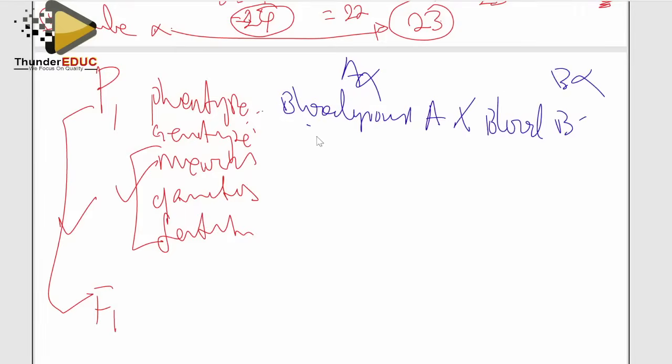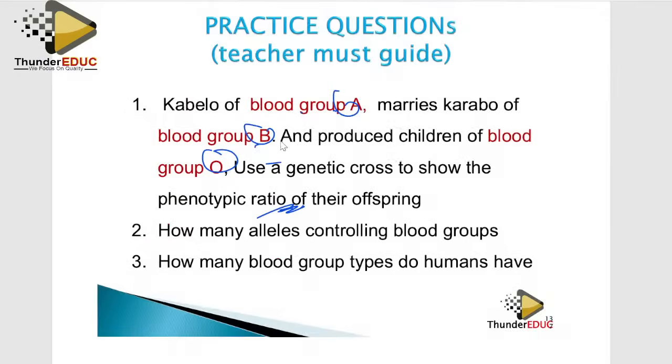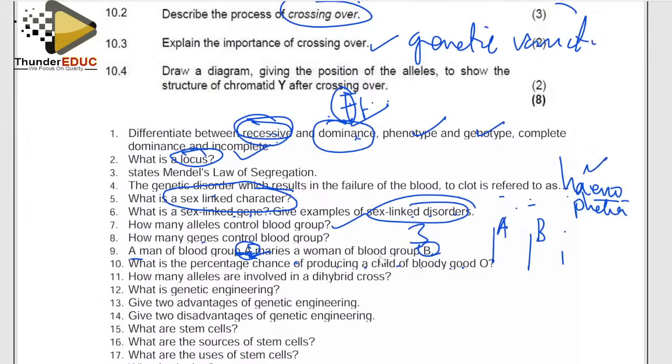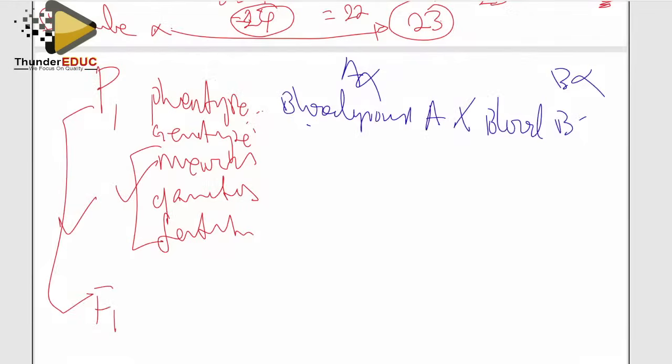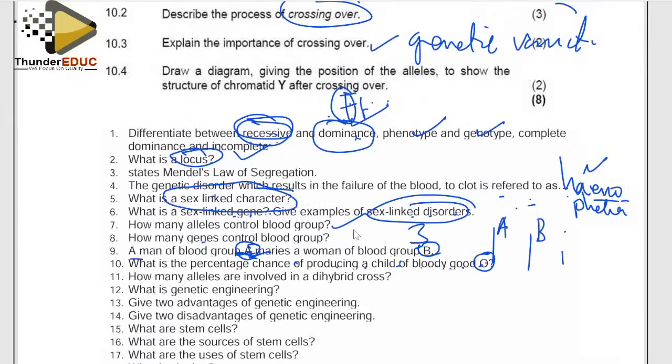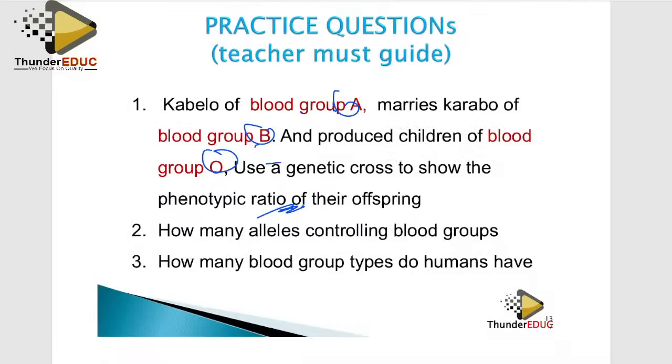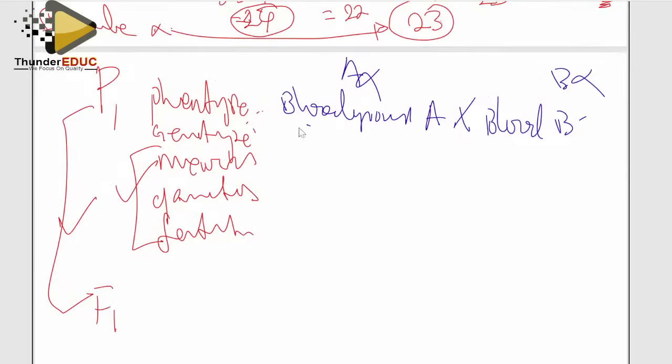Then the genotype, obviously, they say that they produce a child. What's the percentage chance of producing a child of blood group O? Meaning that a man of blood group A and a woman of blood group B, if both of them were heterozygous, then automatically it's gonna be A heterozygous, and then B heterozygous, and then meiosis takes place, and then you form the gametes.